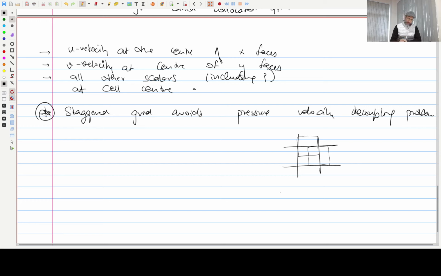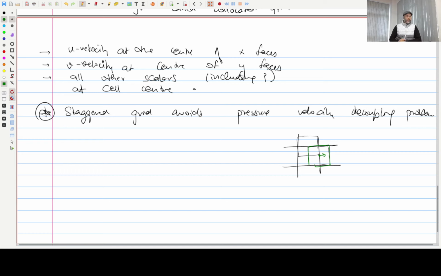The u momentum equation is not being solved on the nominal cell, it's being solved on the control volume for u velocity, right? Which was denoted with the green color. So the u velocity is defined on the eastern face this time.